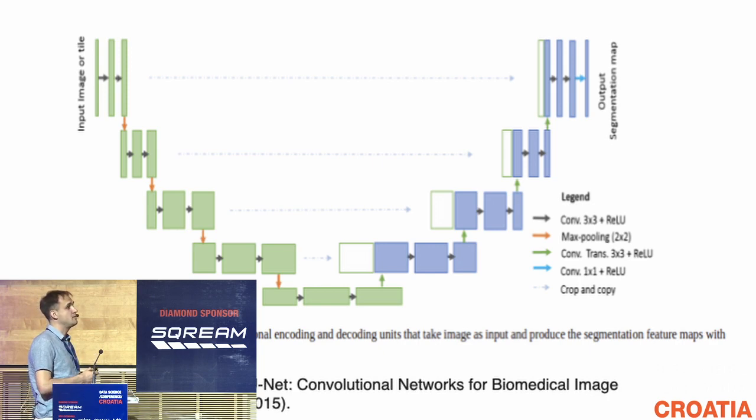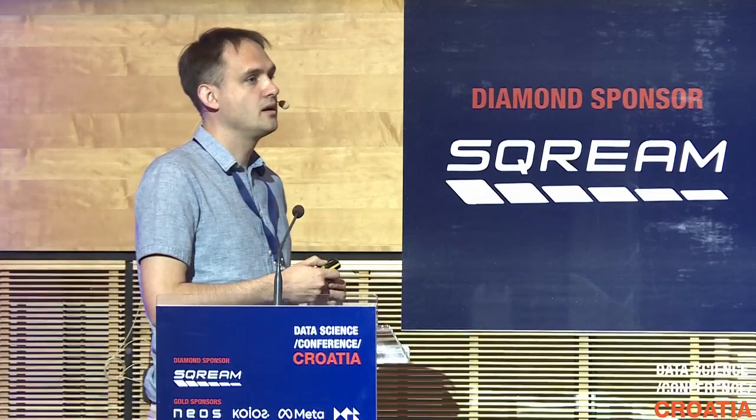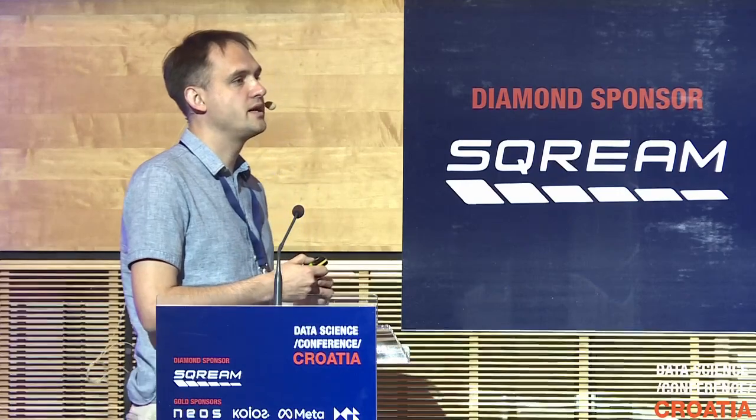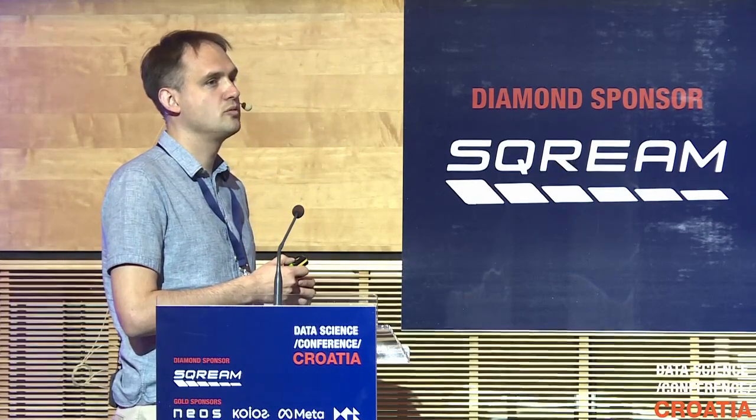At the same time you are reducing height and width. That's what happens in this green part, and in this blue part you are going back, decreasing the number of channels and increasing height and width. And in the end you get one of those segmentation outputs that I've shown you. It could be binary, where you have ones where there is some tumor, and zeros where you don't have tumor, where you have background.